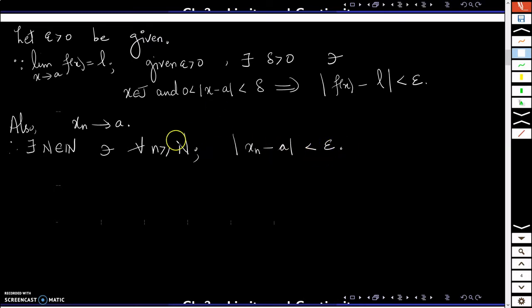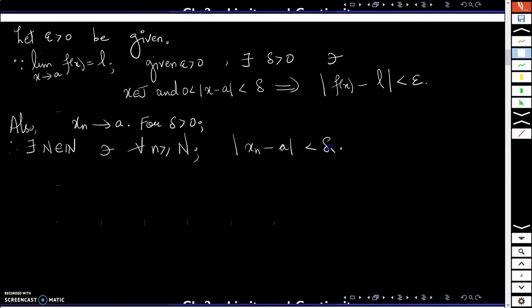Now this definition works for any epsilon positive, right? In particular, it will work for the delta positive that we have obtained here. So for delta greater than 0, I can find a natural number capital N such that for all n greater than or equal to capital N, the modulus of xn − A will be less than delta, right?